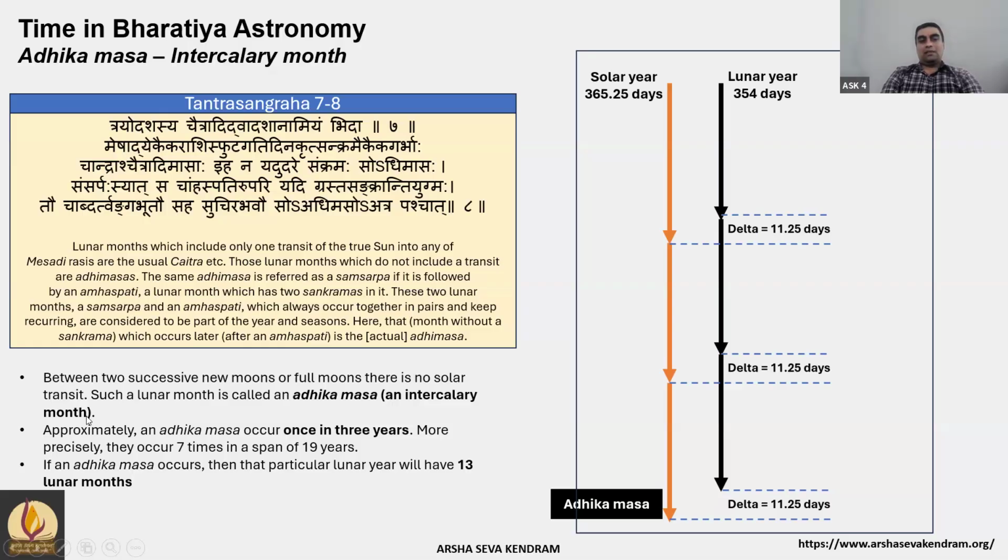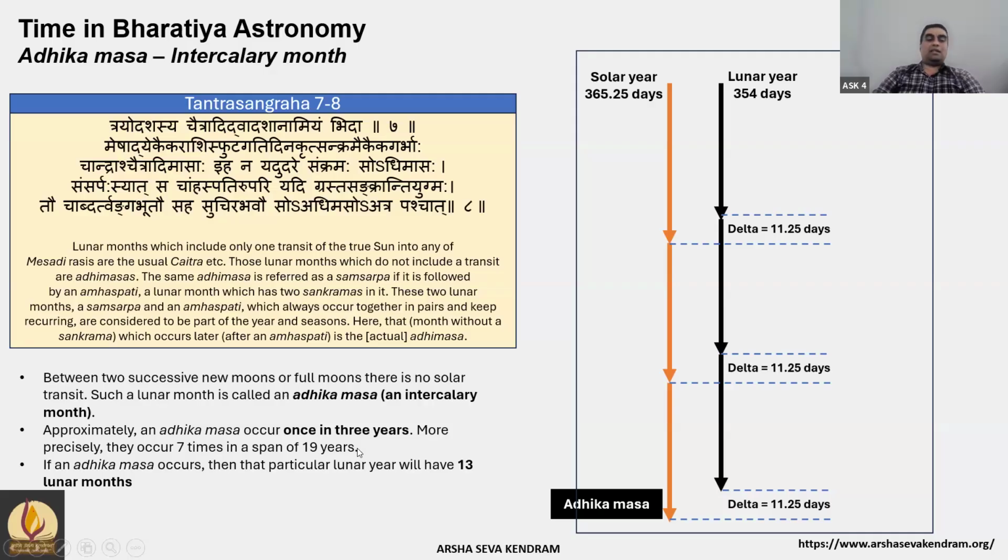So what exactly is Adhika Masa? See, between 2 successive new moons or full moons, there is no solar transit. Such a lunar month is called the Adhika Masa. Approximately an Adhika Masa occurs once in 3 years. More precisely, it occurs 7 times in a span of 19 years.